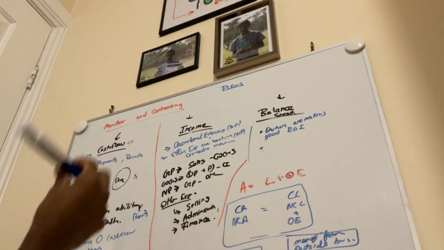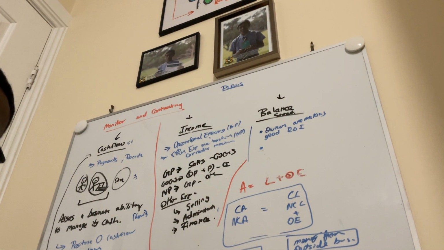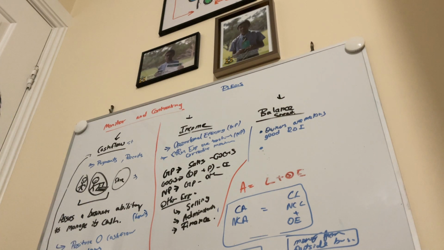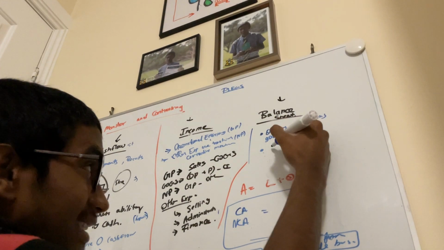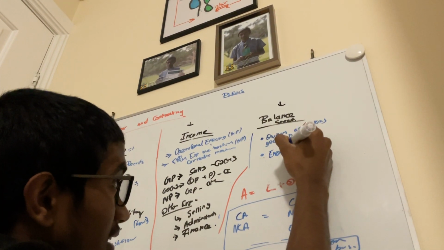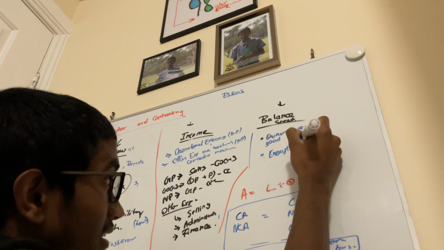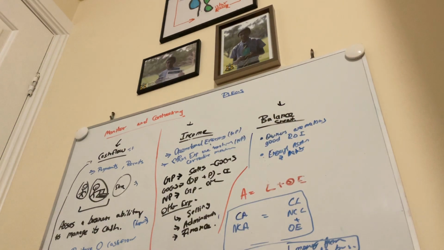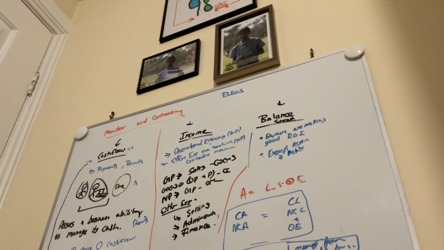What else can the balance sheet show? One, whether the owners are making a good return on investment, but then it's also going to show whether the business is able to pay its debts in the short term, whether the business has enough assets to pay debts, and whether the assets of the business are being used to maximize sales.